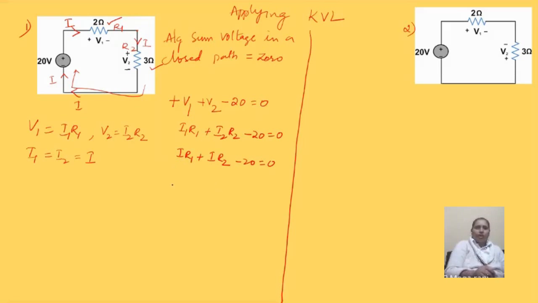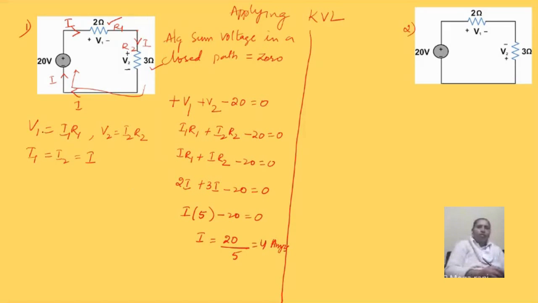Now we need to find out I. We know the value of R1 is 2, so it is 2I plus 3I minus 20 equal to 0. Taking I common, 2 plus 3 is 5, so 5I minus 20 equal to 0. That means I equals 20 divided by 5, that is 4 amps.